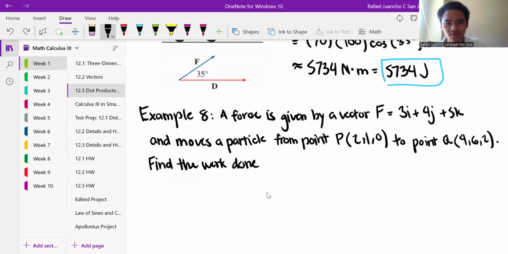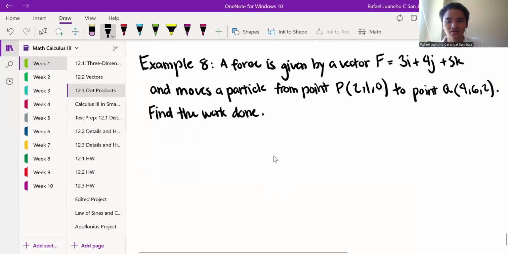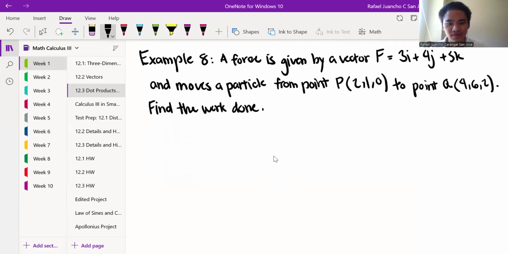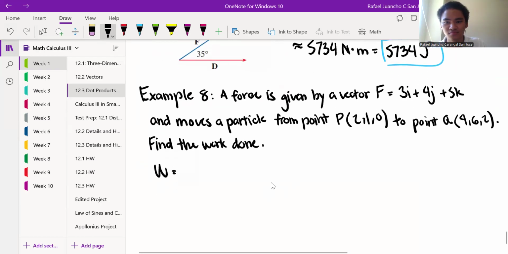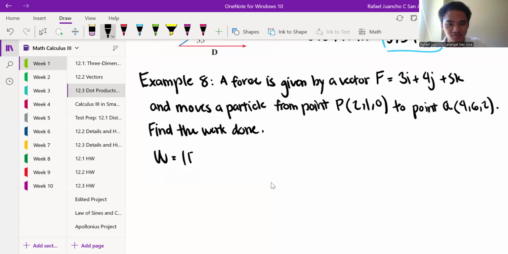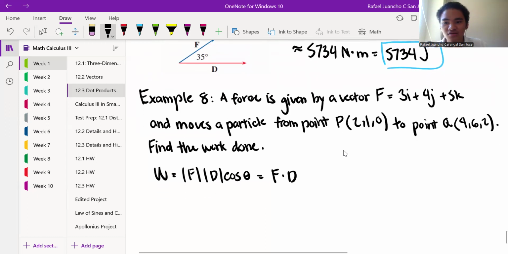Okay, right. So how do we do this? Well, again, we have to make use of this formula: F d cosine theta is the dot product of F times d.